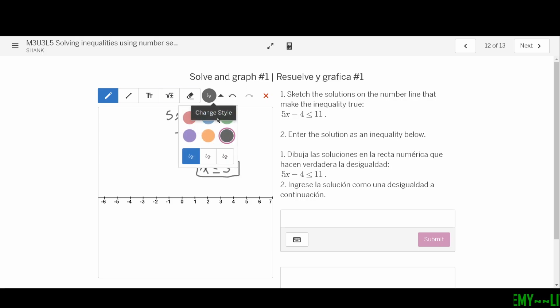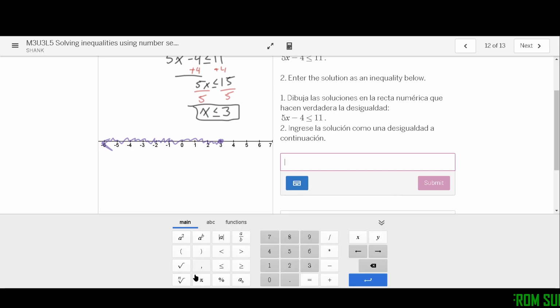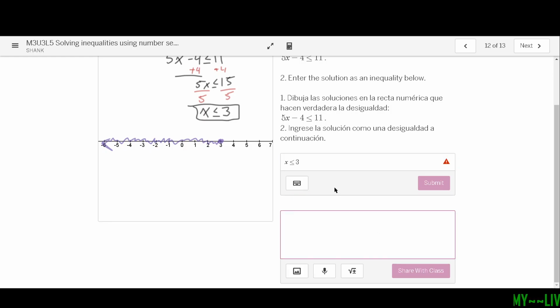So now what I do, I'll use purple, a little bit darker. I'm going to find where my boundary point is. So I find +3, and I'm going to say I have a closed circle on +3. I'm going to shade to the left because it's all values less than or equal to +3. So let's type that in. So let's say x less than or equal to 3. And then you can type it in.